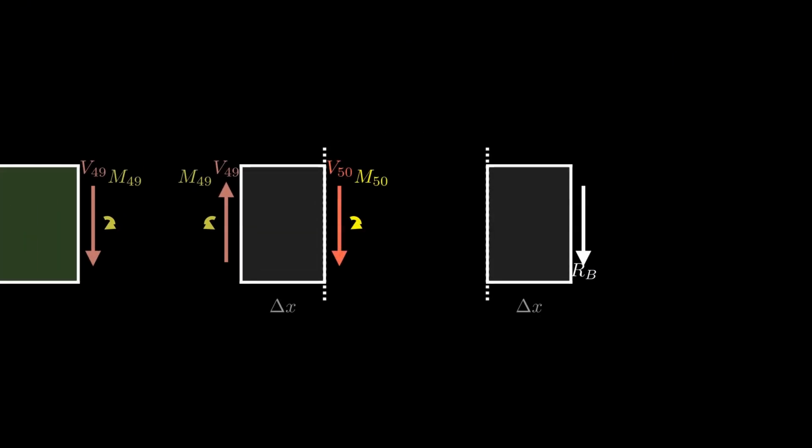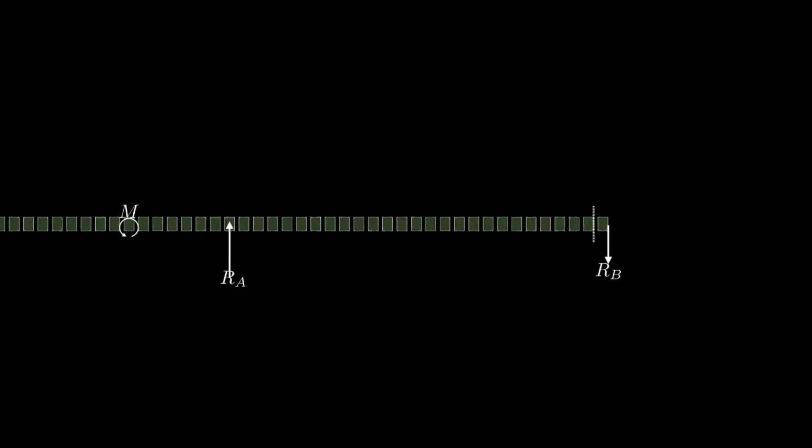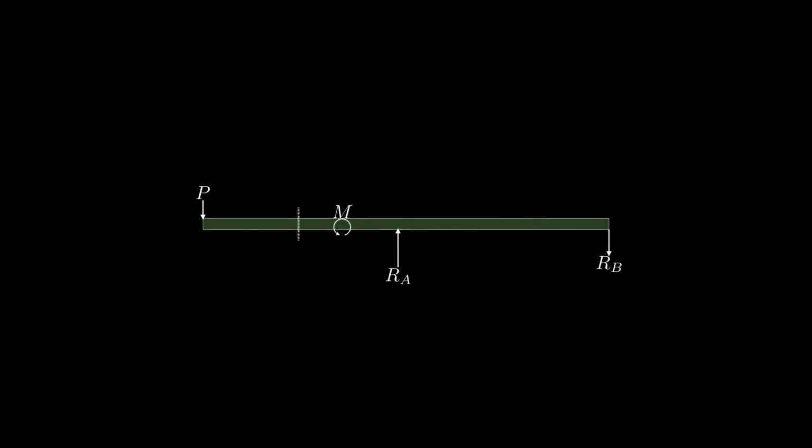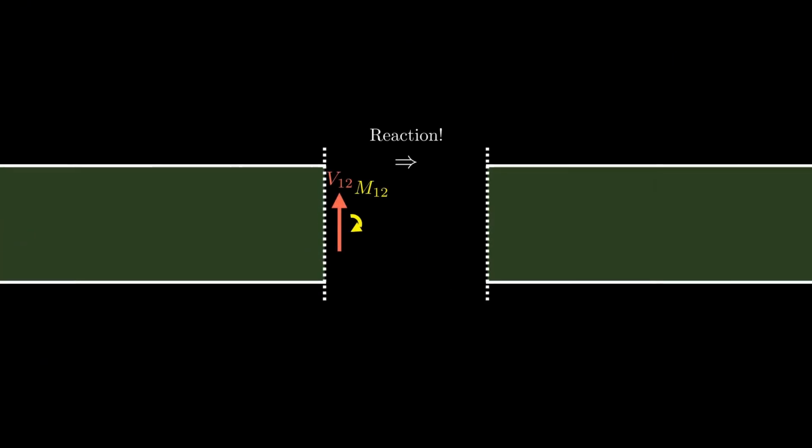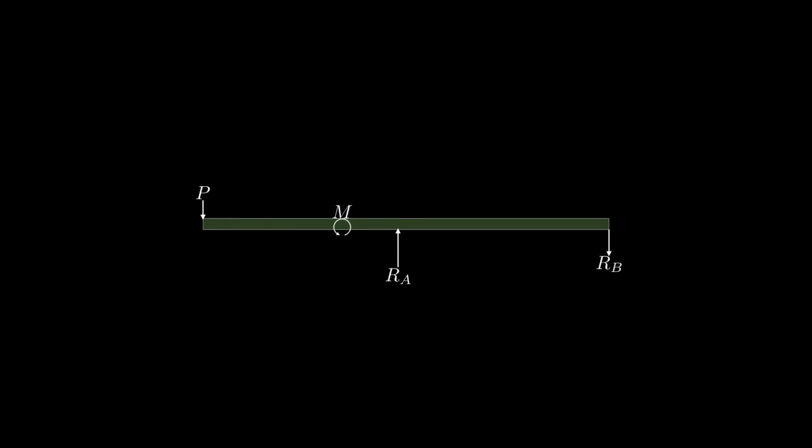And in the end, the last element is balanced by the pin support reaction. Even if we split the beam into just two pieces instead of many, it is still just action and reaction. The mechanism at the section is exactly the same.